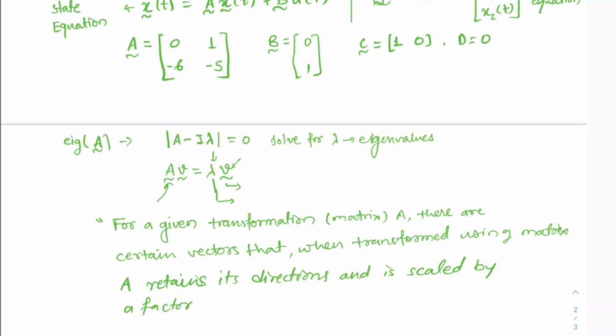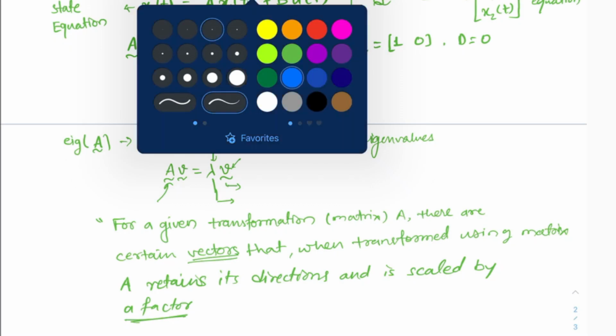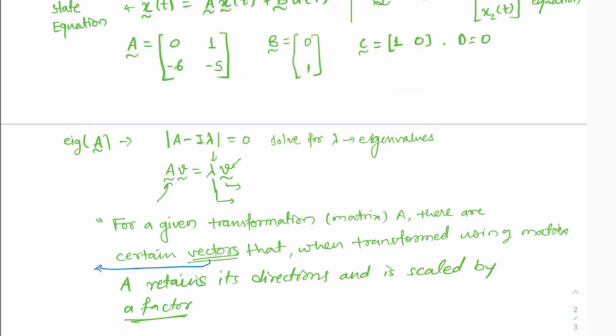So these certain vectors and this factor are what we are looking at. These vectors are called eigenvectors, and this factor is called the eigenvalue.